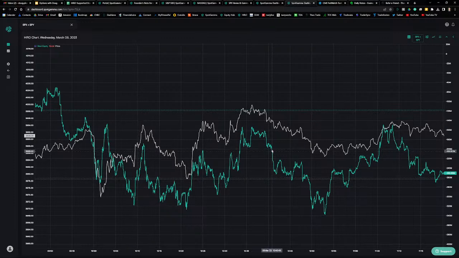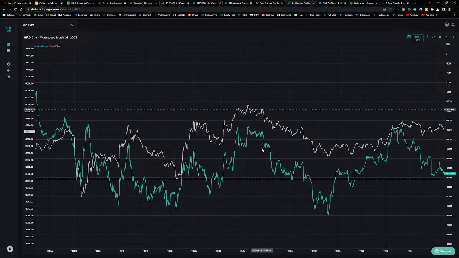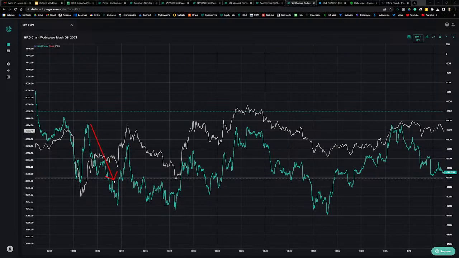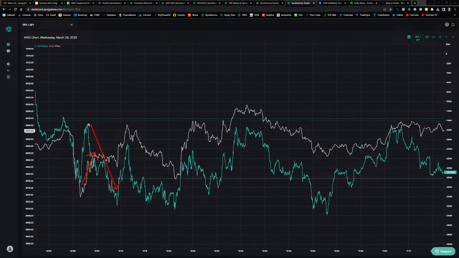As price increases, they start taking negative delta positions in 0 DTE options. So notice here, price is moving up, and right as price is moving up, they start to take negative delta positions with 0 DTE options.